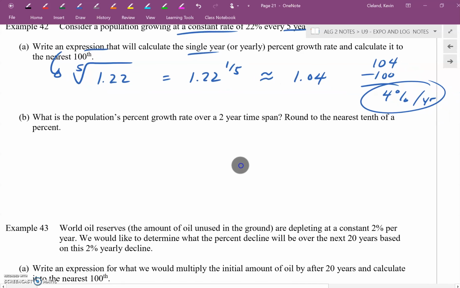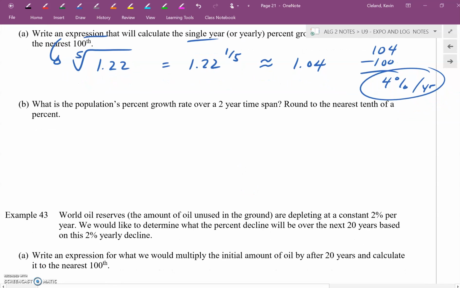Okay. All right. Over a 2 year time span. Okay, so we're going to take some unknown amount and multiply it by 1.04. That would be the amount after year one. Then we multiply that amount again by 1.04, and that would be the amount after year two. Or alternatively, we could just take this unknown population, we could multiply it by 1.04 to the second power. It's just a little more efficient, does the same job.